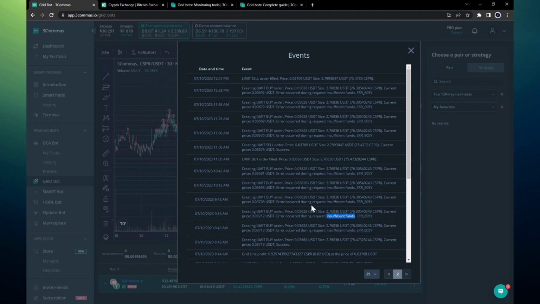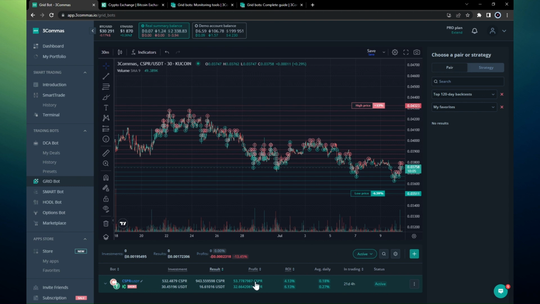The funds that I'm missing is USDT. And I am accumulating Casper coin, CSPR, but I'm spending USDT to purchase and sell CSPR. And finally, I'm paying my fees, exchange fees, in USDT.